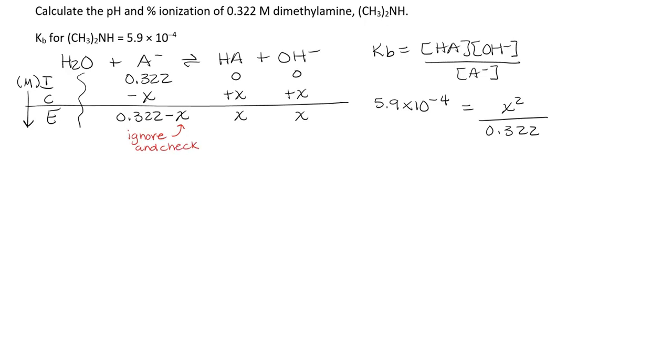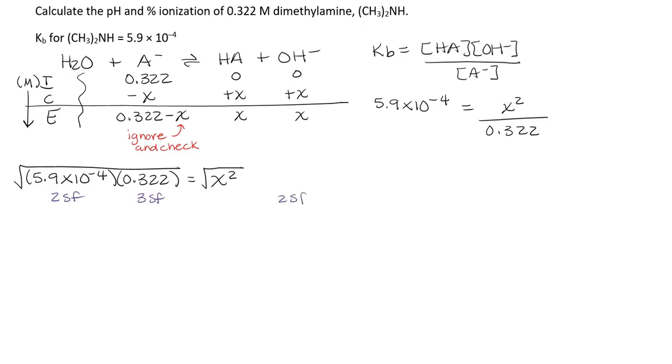So rearranging that now, to solve for x, we have 5.9 times 10 to the negative 4 times 0.322 equals x squared. Take the square root of both sides and check our sig figs. We have 2 and 3, so our final result will have 2.